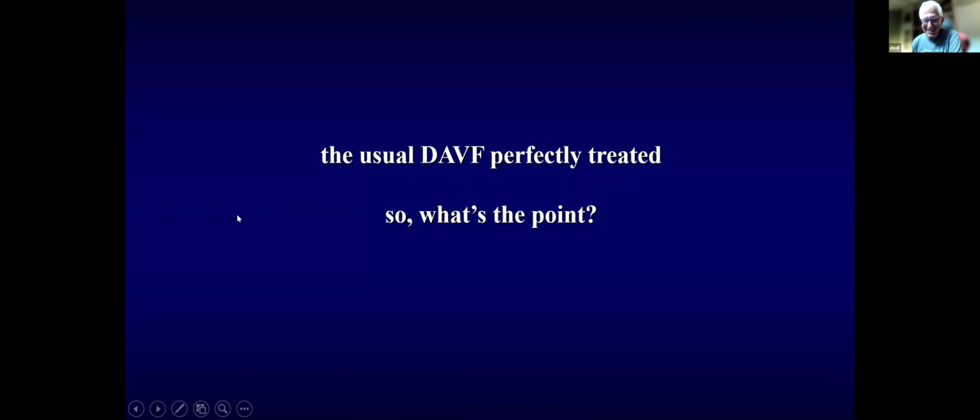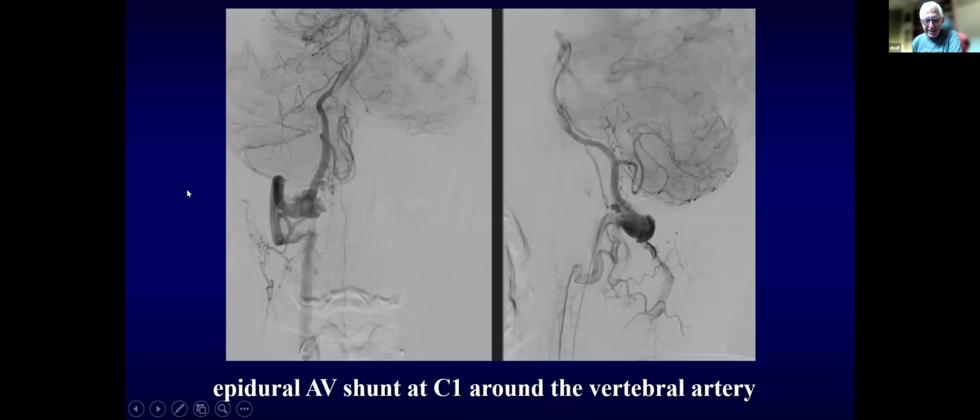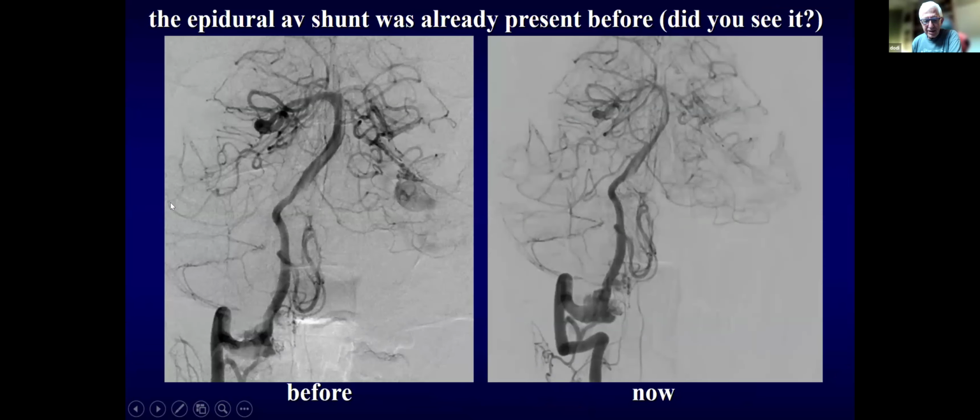So what's the point? Okay, maybe you didn't see it, but there was an epidural AV shunt at C1 around the right vertebral artery. The epidural AV shunt was already present before. I don't know if maybe I didn't show it, but anyway, this was before, this is now at the follow-up.